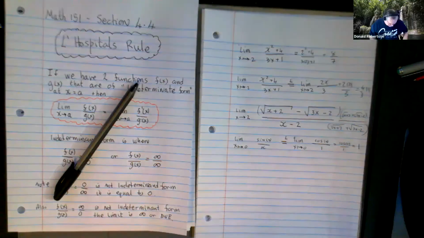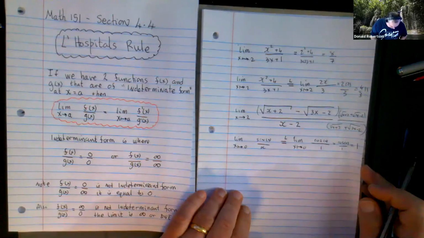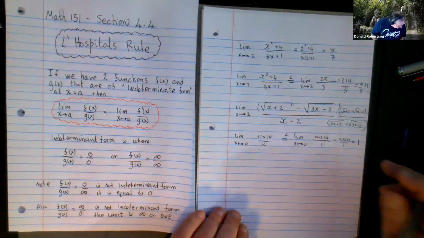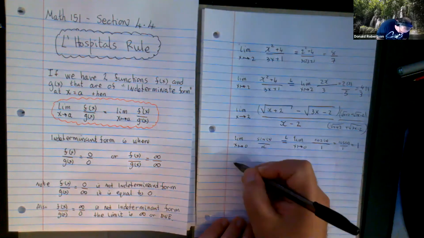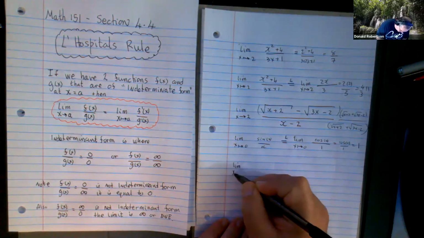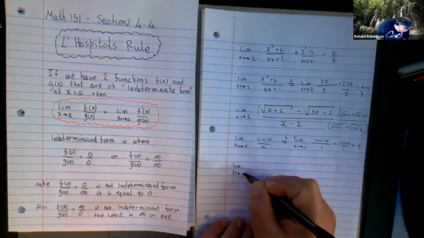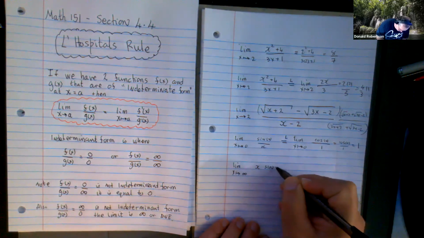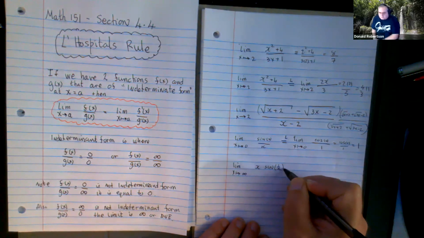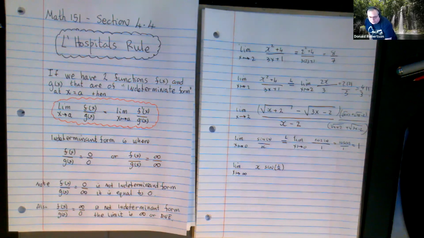Let's see if we can adjust L'Hopital's rule to work for situations that it wasn't really designed to work for. Suppose I'd like to find out what the limit as x tends to infinity of x sine of 1 over x is.